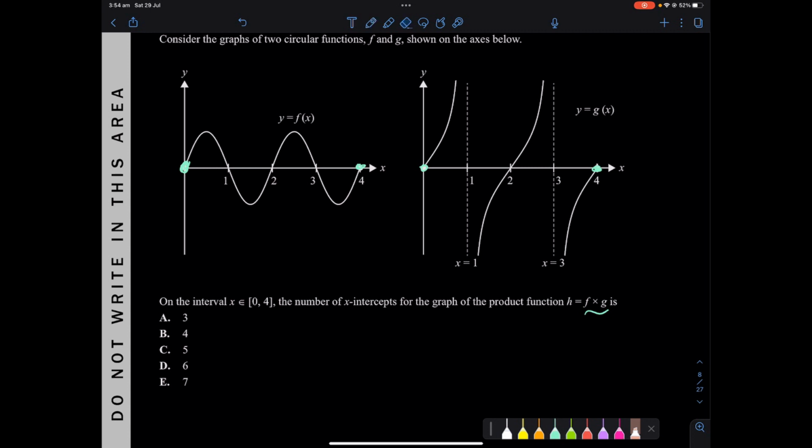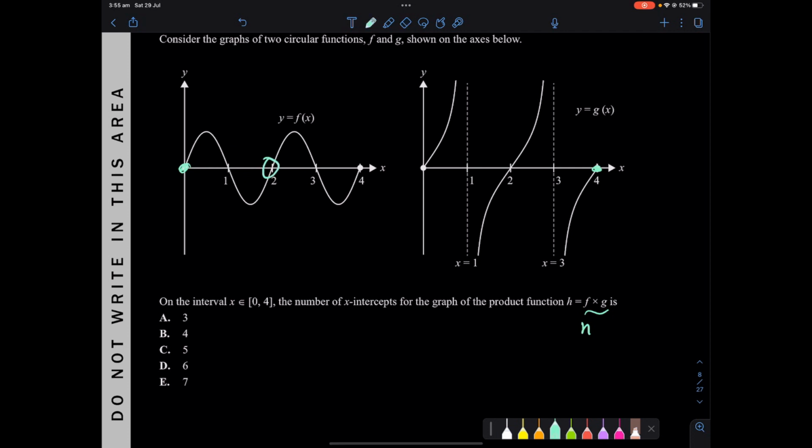If we look at it, this value is 0, and this value is 0. 0 times 0 will be at the same point on the graph of the product. So that's one intercept. What about over here? Here we get 0, but 0 times something that doesn't exist, that's not an intercept.